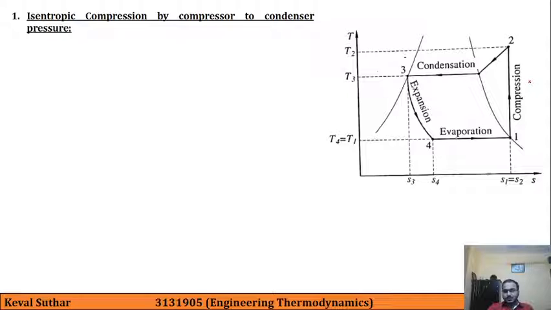So here pressure is increased, temperature is increased, and it remains vapor. And if you see this graph, then it is isentropic compression because entropy is remaining constant.